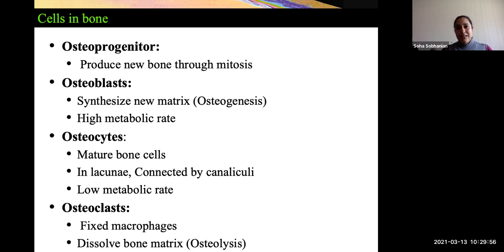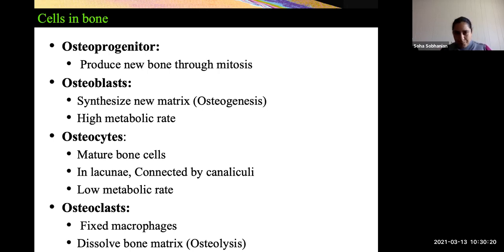Pay attention to this, guys. Osteoblasts are going to take the calcium from your bloodstream, okay? Especially if you're a child, these cells are highly active. They take that calcium and add it into your bony tissue and make your bone hard, okay? Now, does that mean that these osteoblasts are not active in an adult?